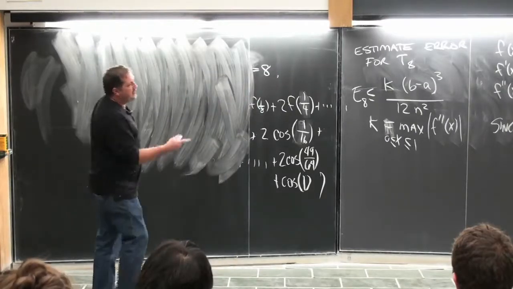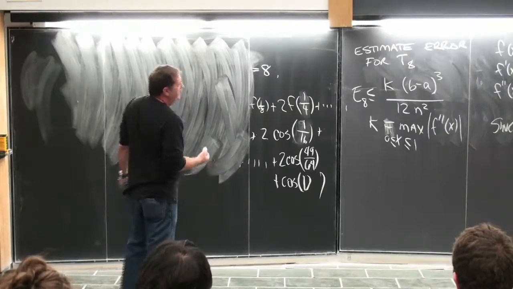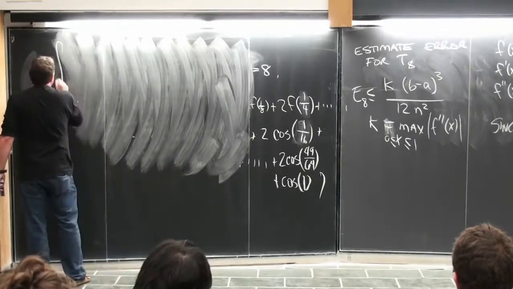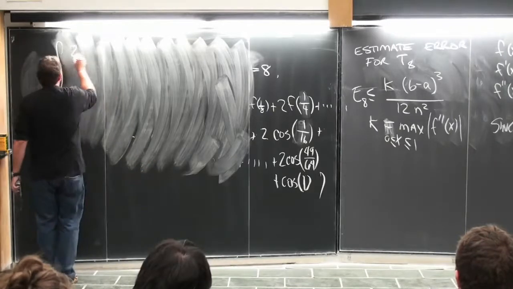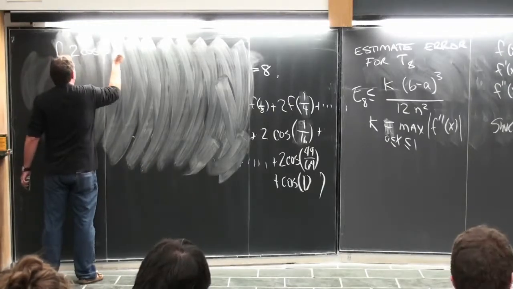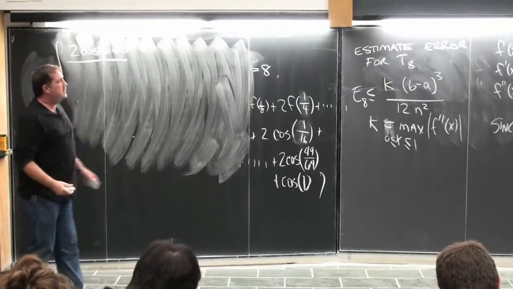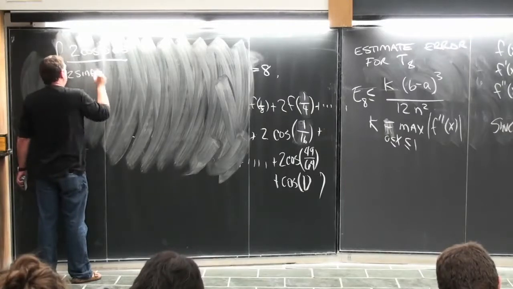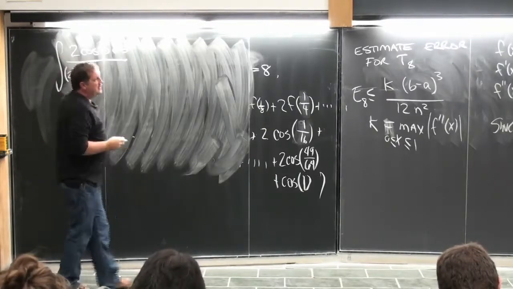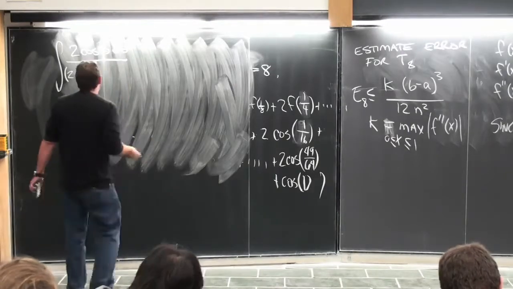So I'm going to make that substitution. So x is 2 sine theta. So my dx becomes 2 cosine theta d theta. My x becomes a 2 sine theta. That's my x. And my square root becomes 1 minus sine squared.